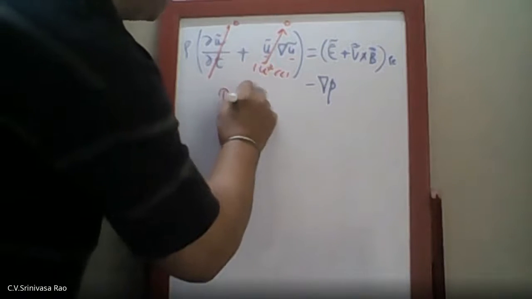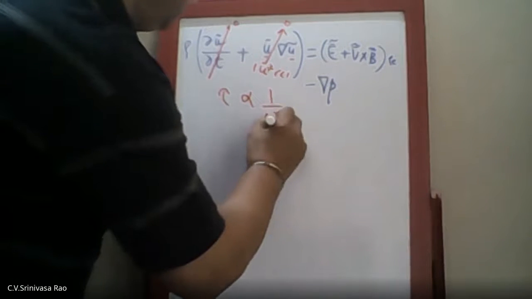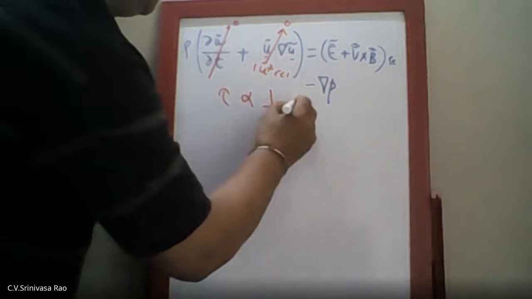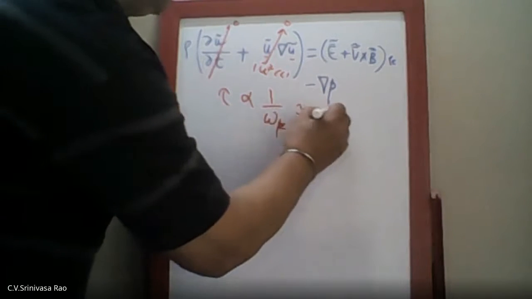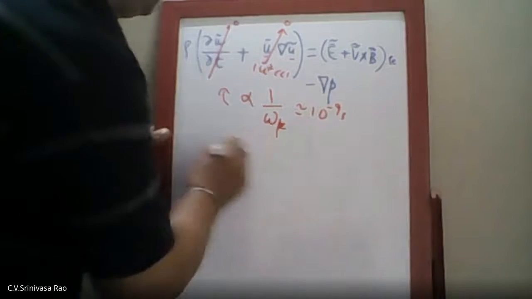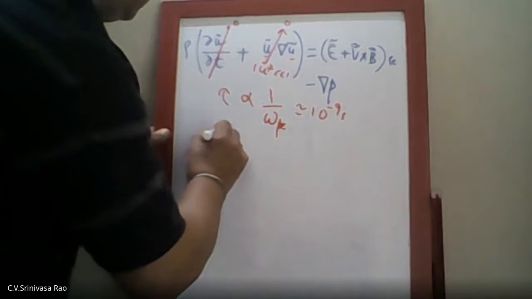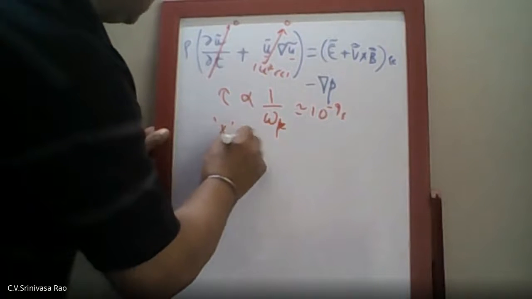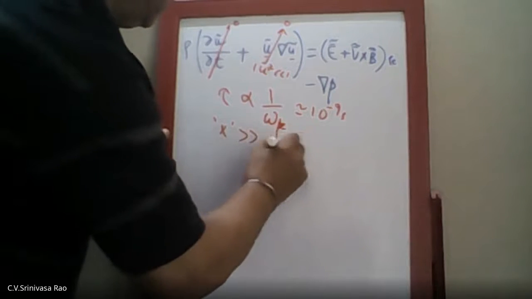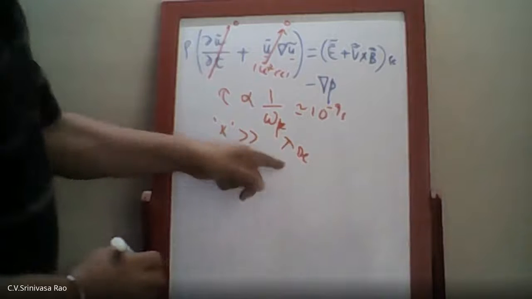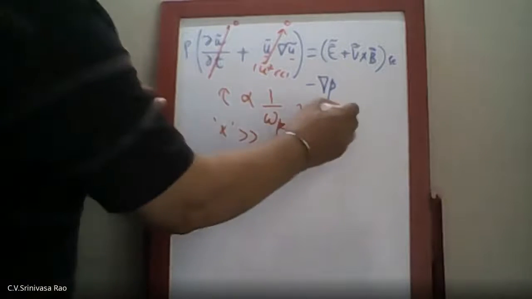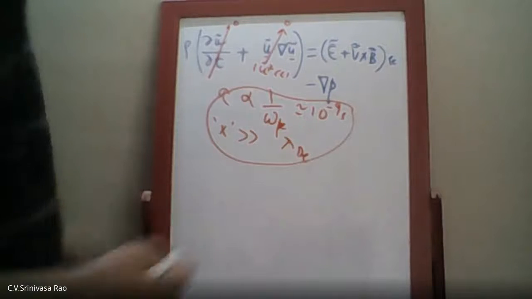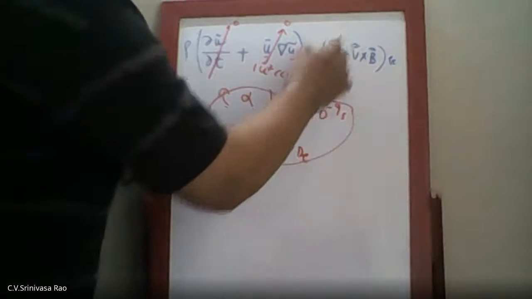Tau is proportional to 1 over omega Pe, which is typically nanoseconds. And then the space scales are typically much larger than the Debye length. So under these conditions, the fluid equations are valid. So in that sense, the E is also 0.